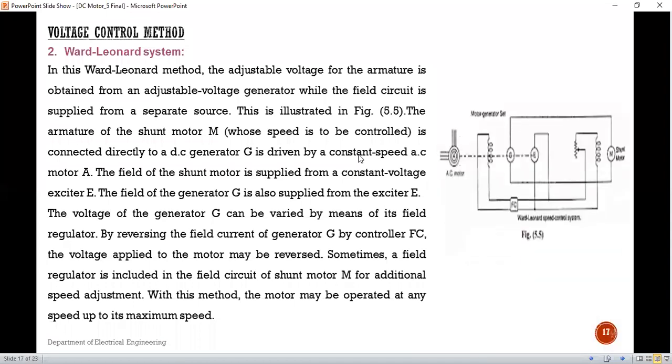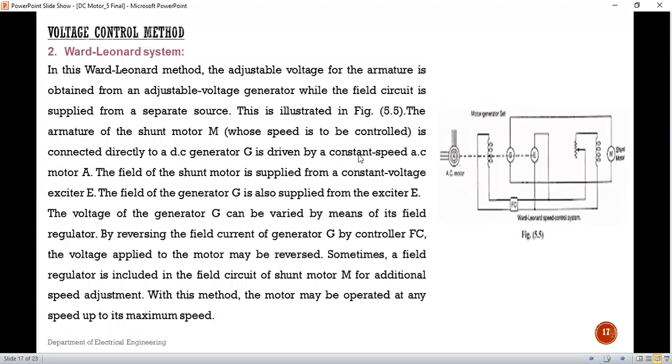Okay. The Ward-Leonard method of speed control is generally used for large machines where speed control is the most important factor.